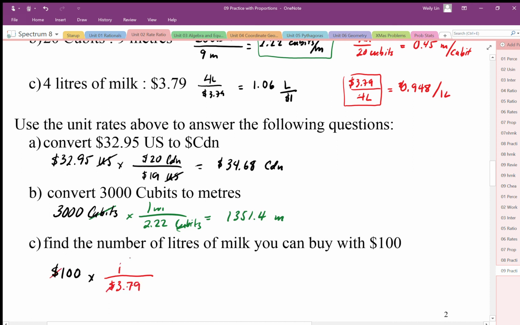It's going to be 4 liters in the numerator. So I'm going to do 100 times 4, and then divide by 3.79. Again, it's just times on top, divide on bottom. And I end up with 105.54 liters. And I can verify my units. Yeah, I'm left with liters as my units.